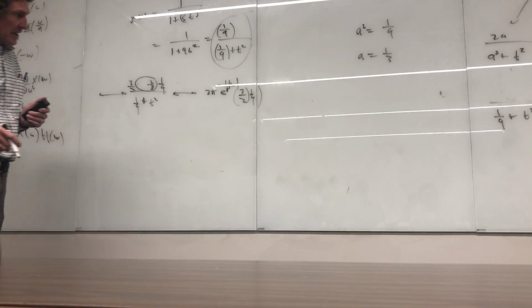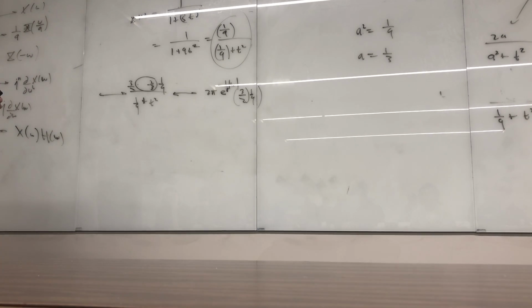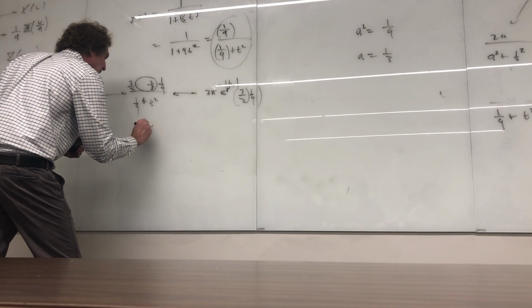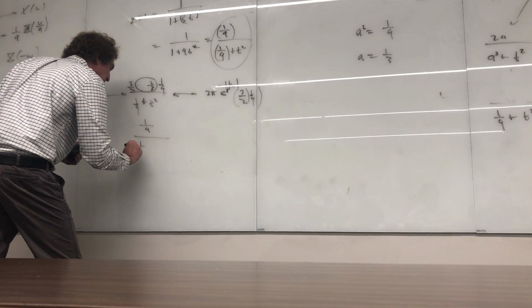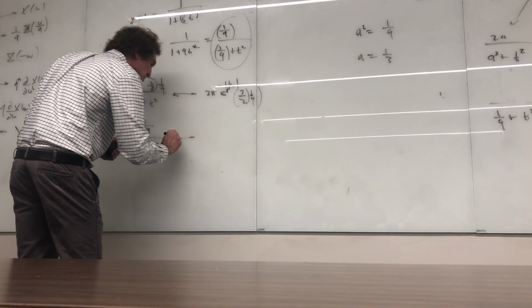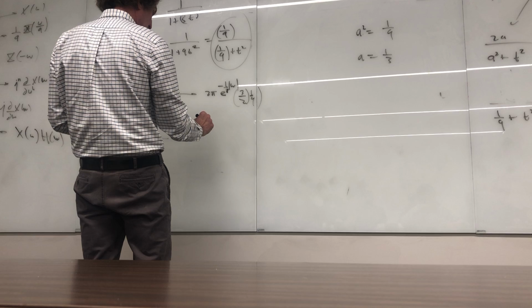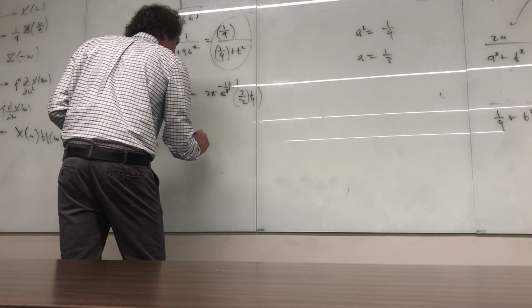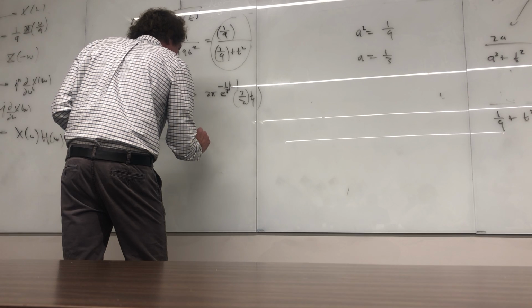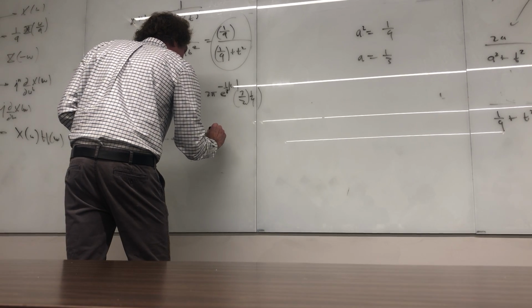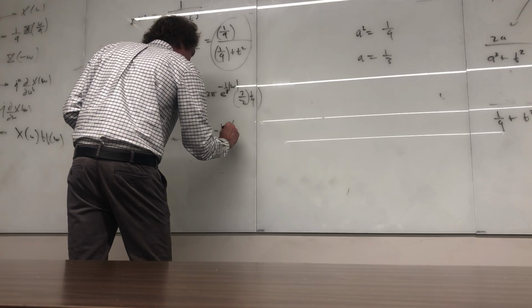And the 2's would cancel, and then you would have finally 1/9 over 1/9 plus t squared would go to, and that's going to be pi over 3 times e to the minus magnitude of omega over 3.